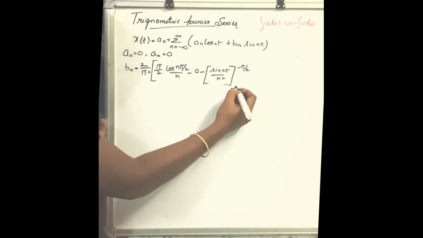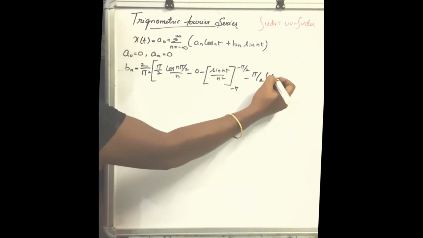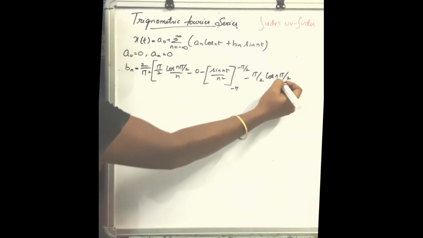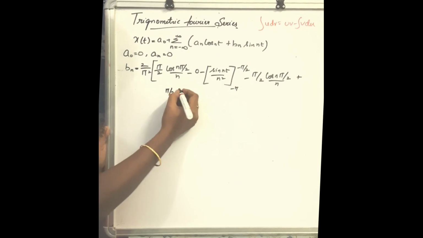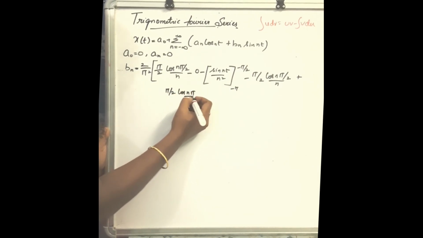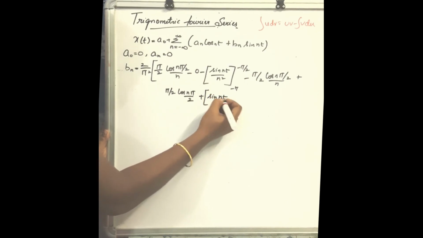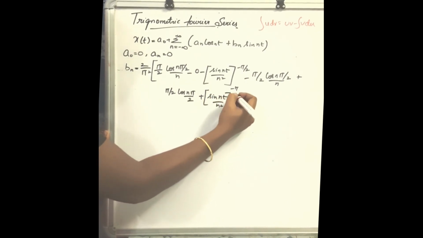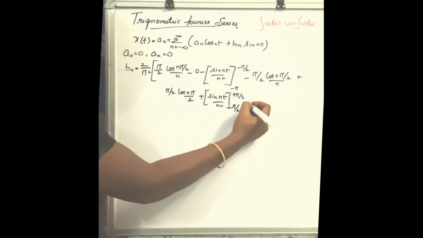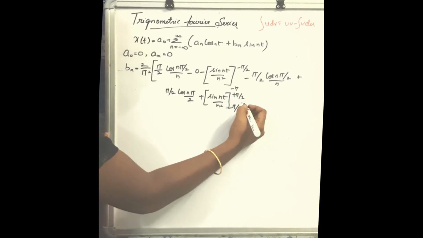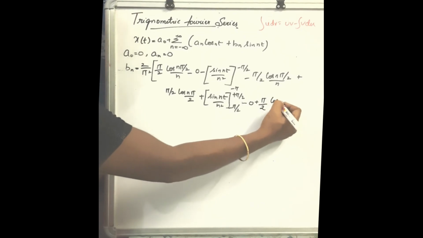Then pi by 2 cos n pi by 2 by n plus pi by 2 cos n pi by 2, plus sin nt by n square for minus pi by 2 to pi by 2, minus 0, after applying the limits.